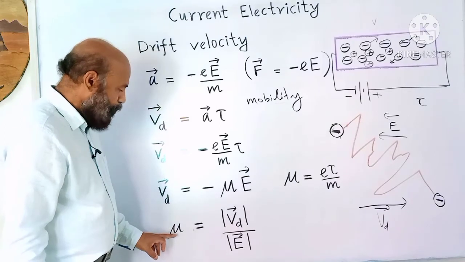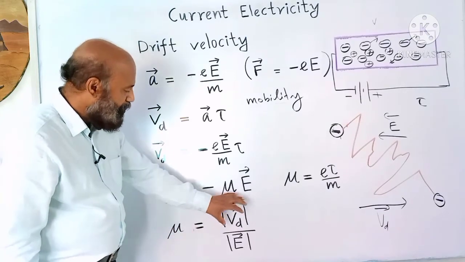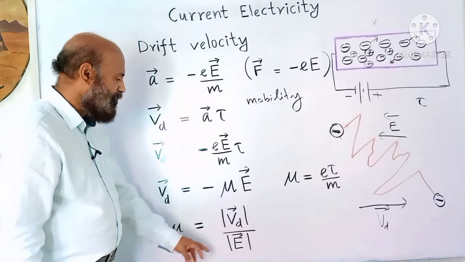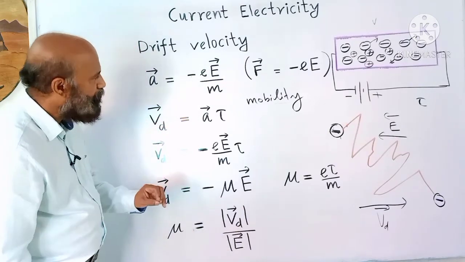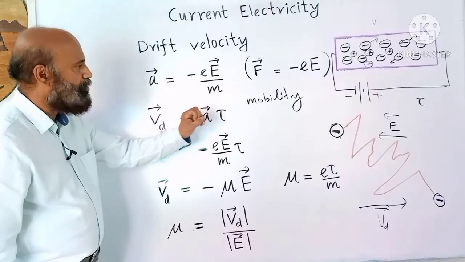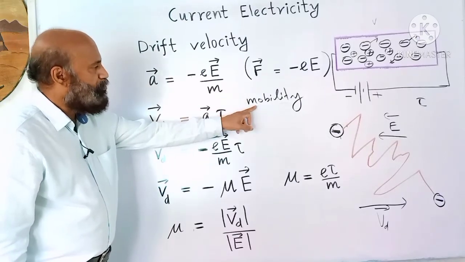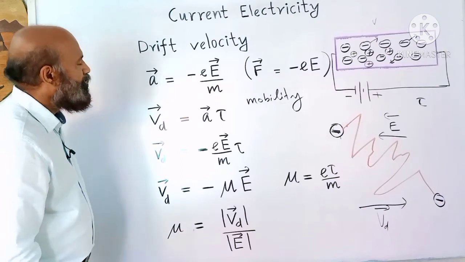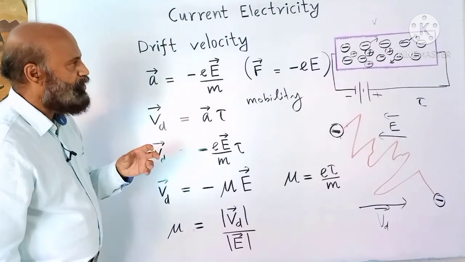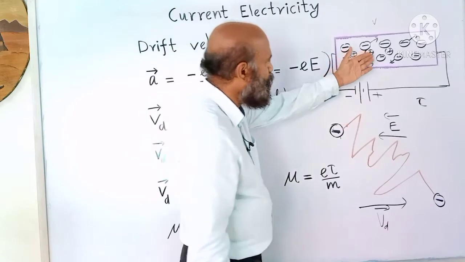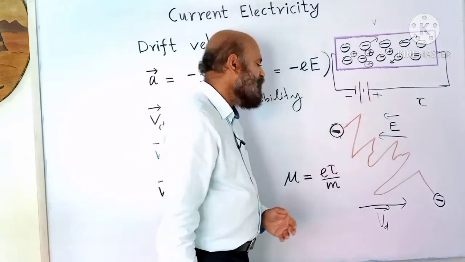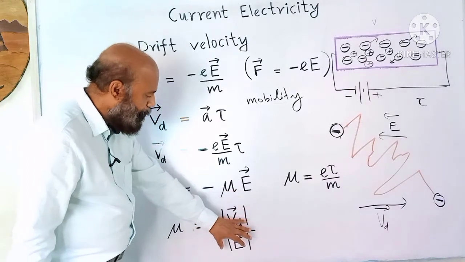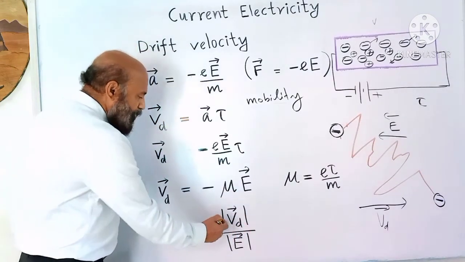So in this video, we have come across two important terms: mobility and drift velocity. Drift velocity is the average velocity acquired by the electrons under the influence of the electric field. Mobility is the drift velocity acquired per unit electric field.